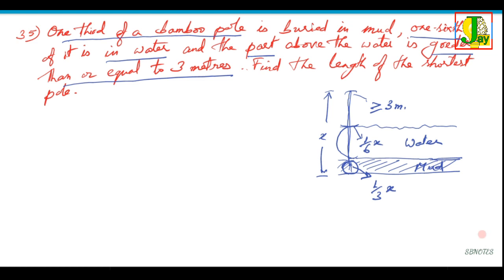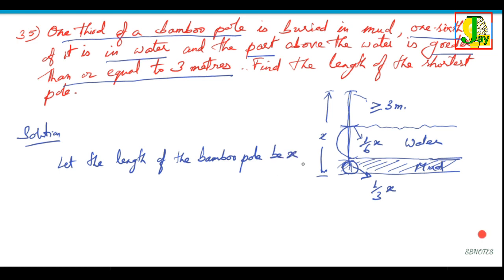Now if I start, we have to write: let the length of the bamboo pole be x. Now to form the inequation, according to the problem, we need to focus on this part.